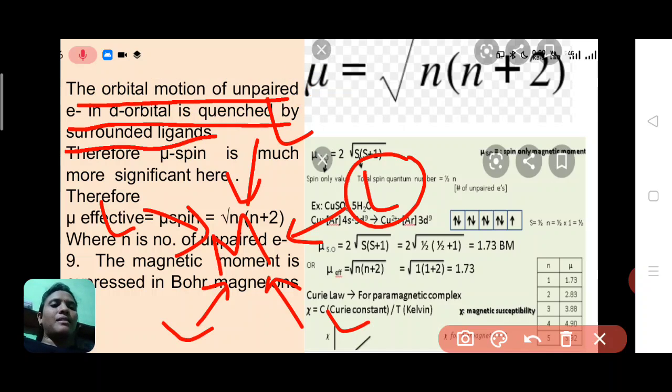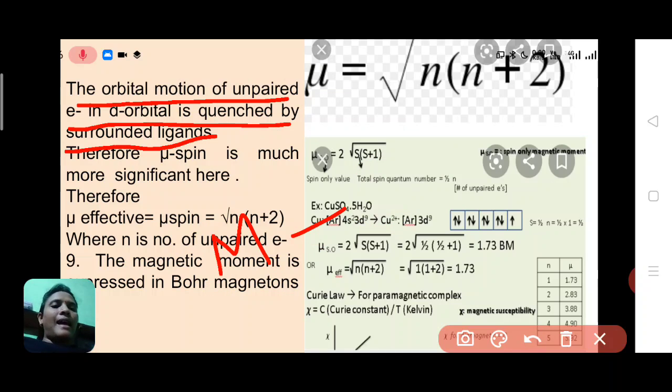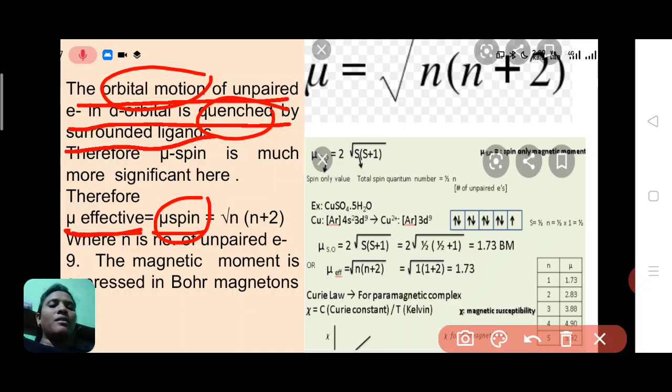Quenched means cancelled. So the orbital motion of the electron gets cancelled, and hence the total magnetic moment depends only on the spin magnetic moment of the electron, because the orbital magnetic moment is cancelled here. Orbital motion is quenched due to the ligands. That's why the total magnetic moment of any complex compound depends just on the spin motion of the electron.